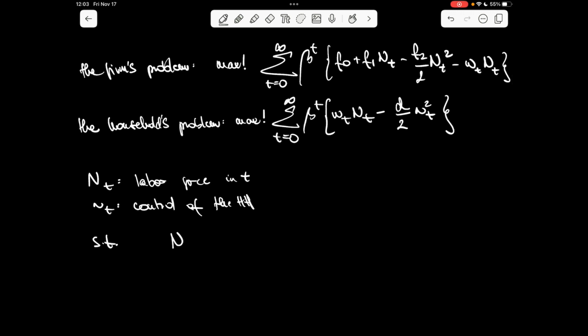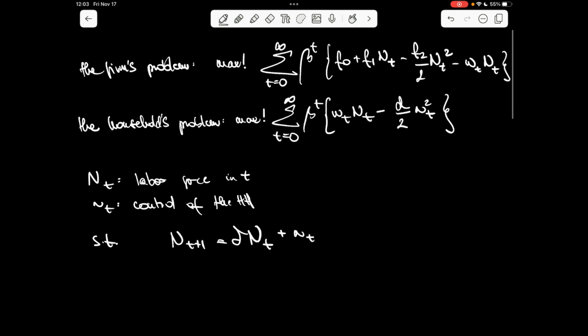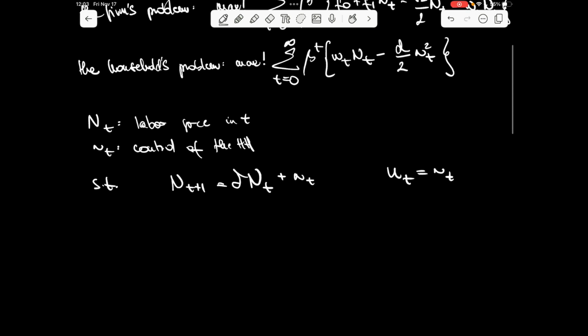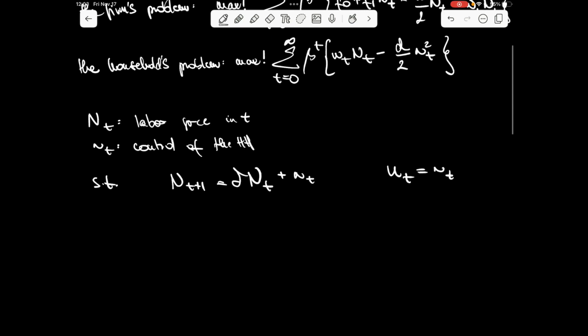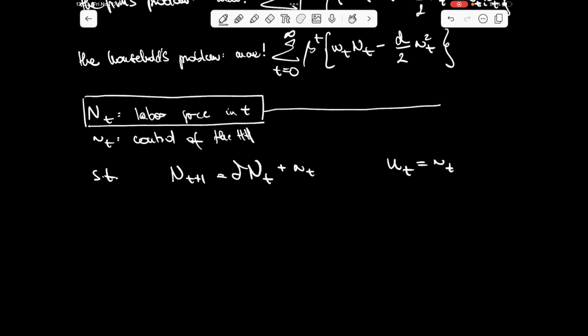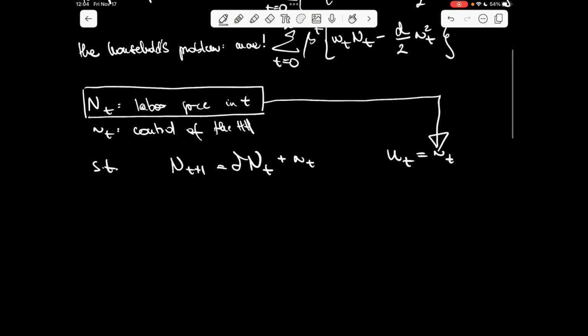So we can suppose that the dynamics of the labor force is affected by the decision of the household through this equation. So n_t is the decision variable of the household, and the social planner wants to find an optimal path for the labor force and a related optimal path for the new entrance into the schooling system.